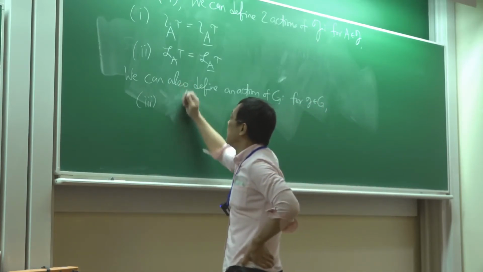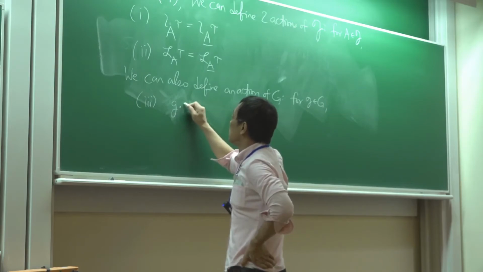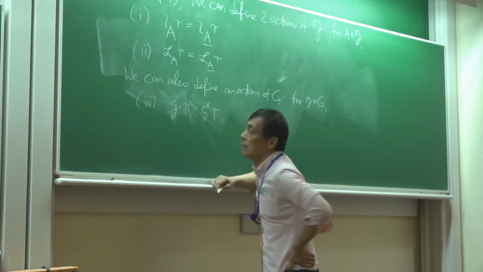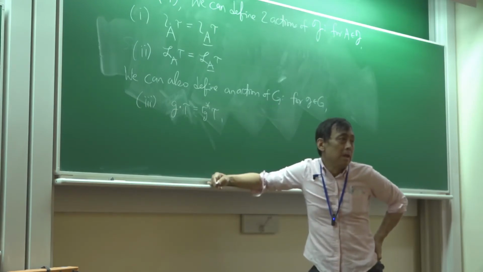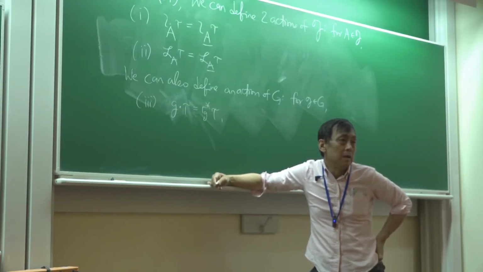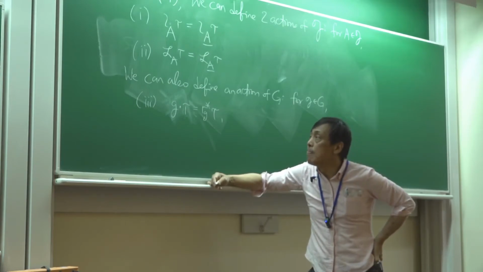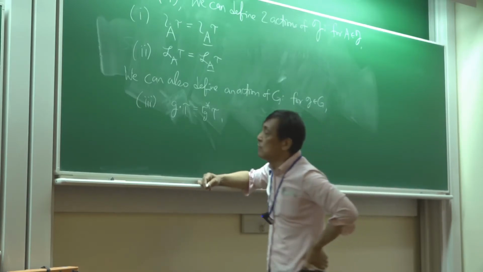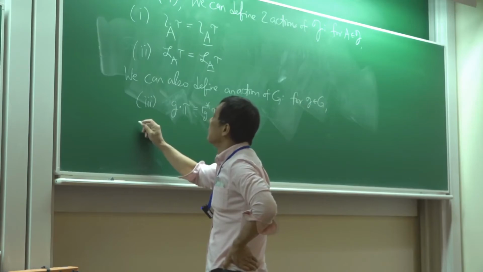We define g dot tau to be right translation. And then we have this property.